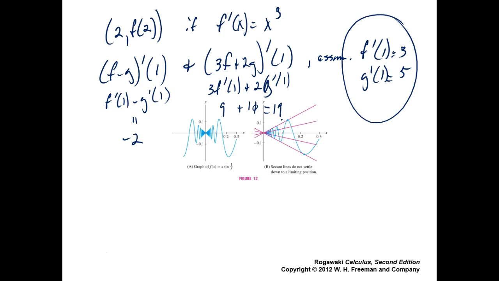And then by the constant multiple rule, you can pull the 3 on the outside and make it 3 times f prime plus 2 times g prime. F prime is 3, g prime, yeah. So in that sense, you sort of are plugging it in. Actually, you're really mentally going through 2 steps there. Okay, but yeah, kind of.